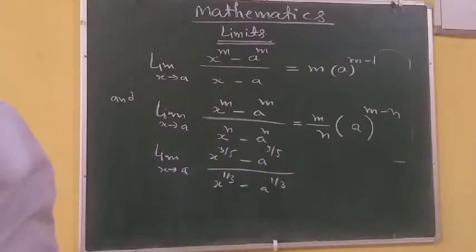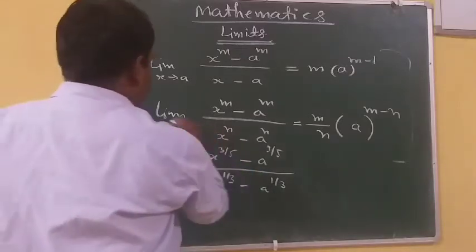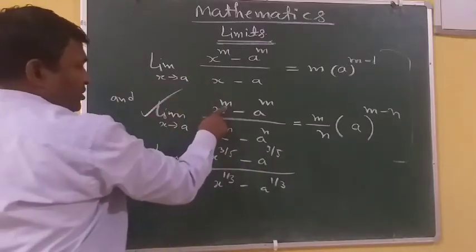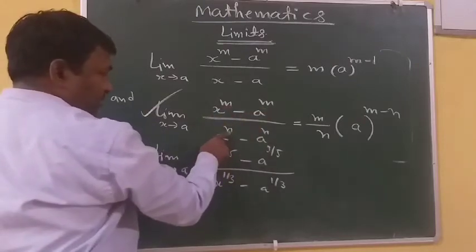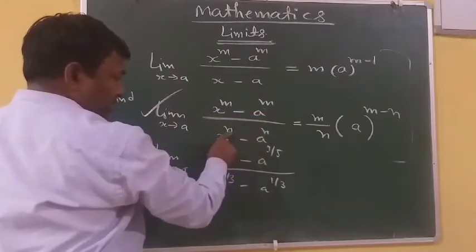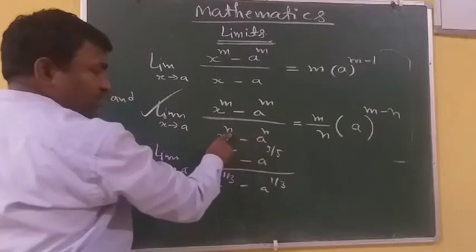Think. This is like this form. See, x power something minus a power the same thing upon x power a different thing minus a power this same thing in denominator.